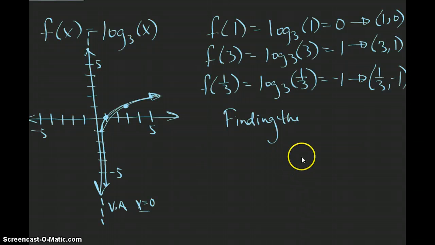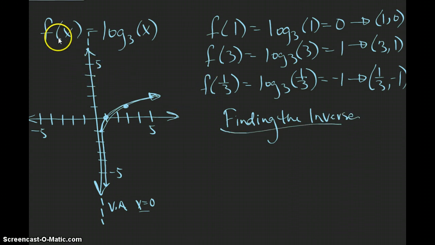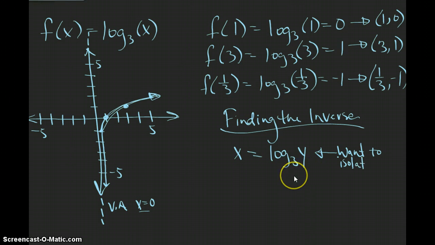So now finding the inverse. If I want to find the inverse, I start by switching x and y. So I'll have x equals log base 3 of y, and then I need to solve for that y value. Now to solve for it, I know that the logarithm and the exponent are inverses.